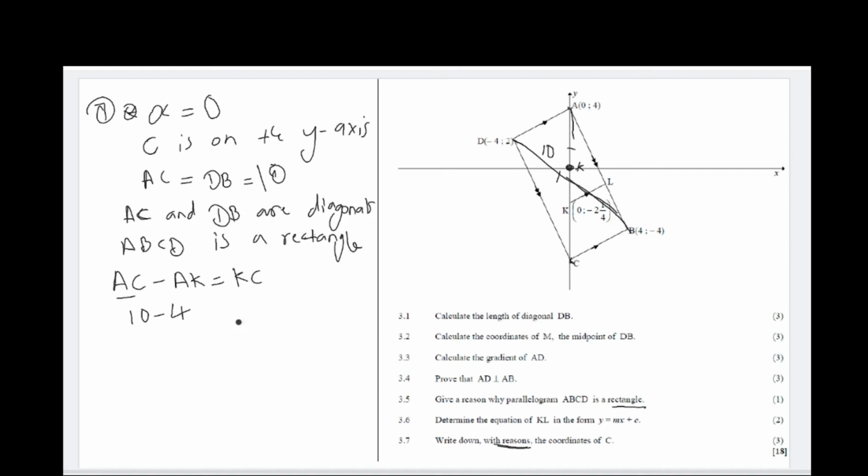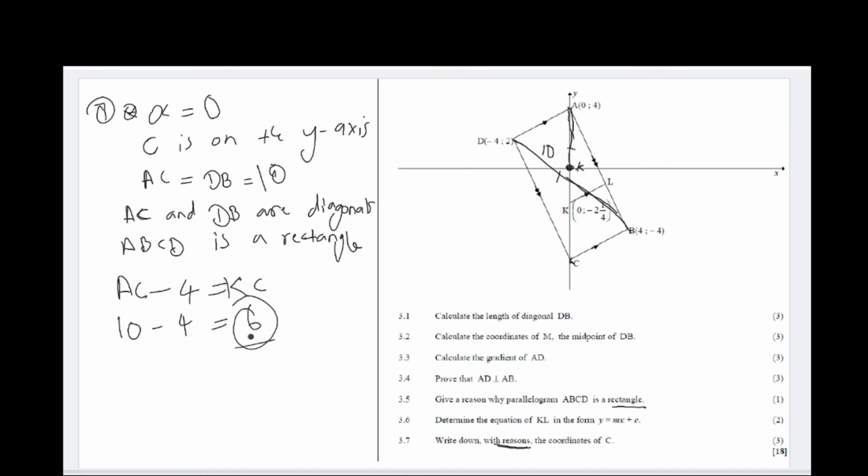No, is it really? What am I doing? I'm not doing the right thing here. The total length of AC minus this point here, which is 4, is equal to KC. 10 minus 4 is equal to 6.